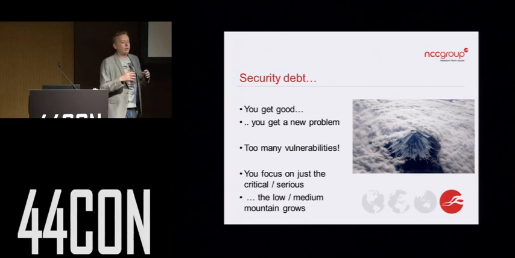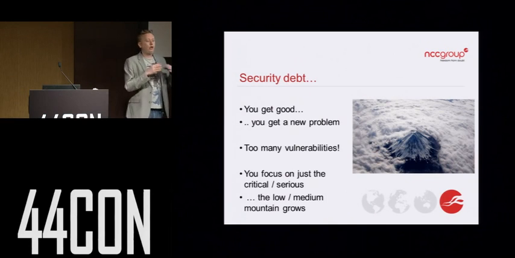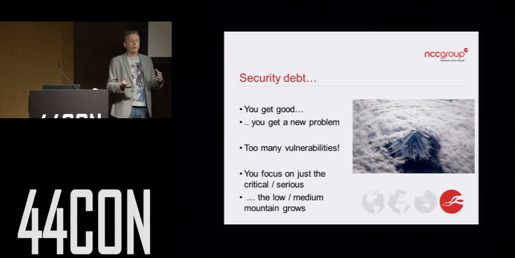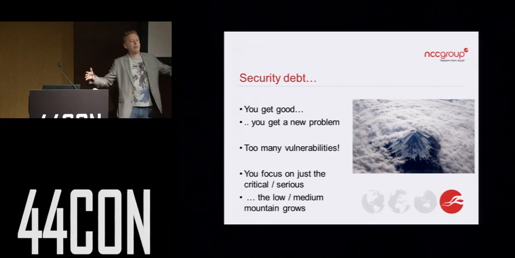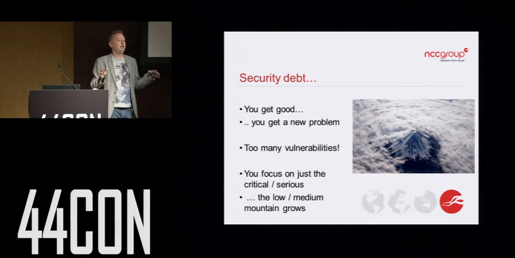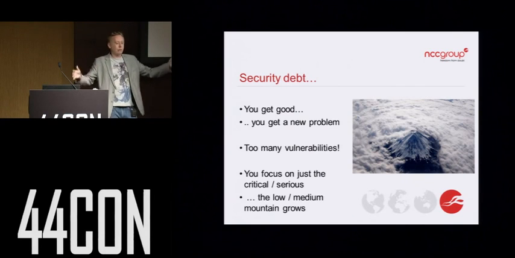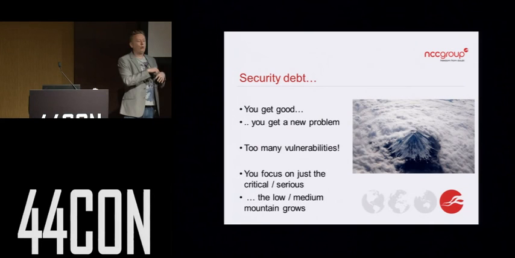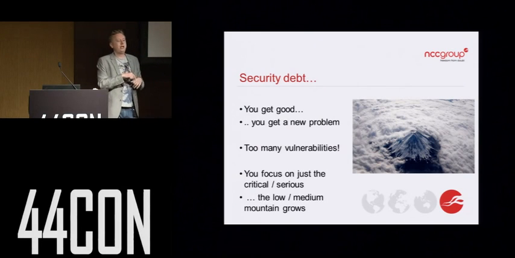There is a natural tendency when you find lots of vulnerabilities to only focus on the most critical and severe. So you do that release after release after release, and you have this ever-growing mountain of medium and low security issues, which no one in their right mind would focus on, but just keeps growing and growing until some smart individual works out how to chain what you thought were five previously medium or low vulnerabilities into the equivalent of a critical vulnerability.